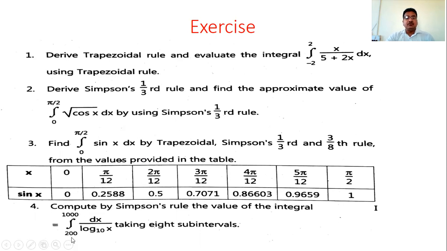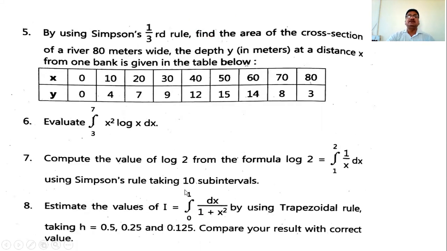The next problem: integrate from 200 to 1000 of 1 by log x with base 10, taking 8 intervals. So the function is 1 by log x with base 10, and h is (1000 minus 200) divided by 8. That answer is the value of h, and 1 by log x with base 10 is y or f(x). Then prepare the table, apply Simpson's 1/3 rule and solve the example.